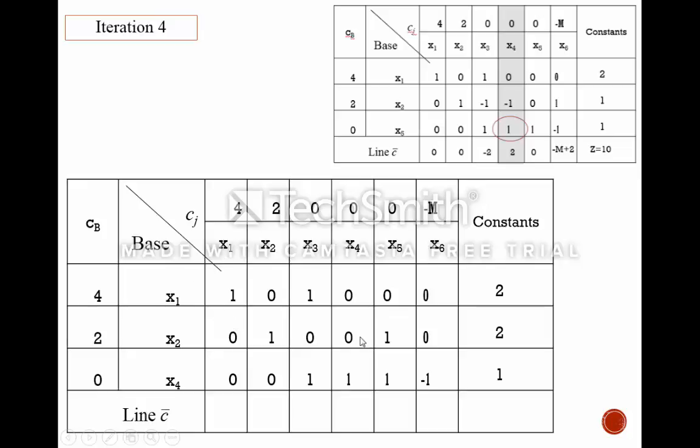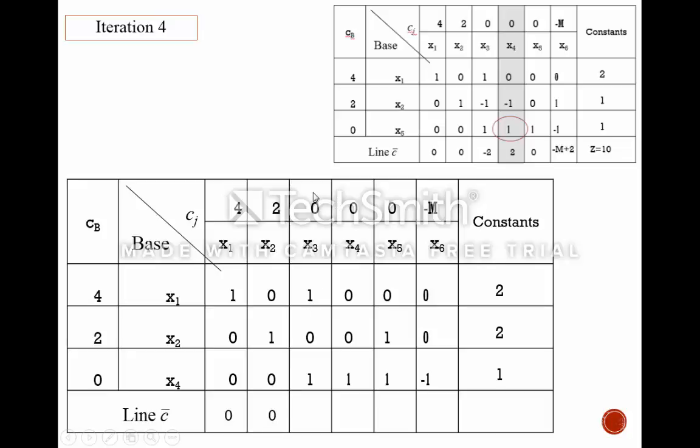We calculate again for the row. 4 minus 4 times 1, minus 2 times 0, minus 0 times 0, and the result is 0. And the second is 2 minus 4 times 0, minus 2 times 1, minus 0 times 0, and the result is 0.